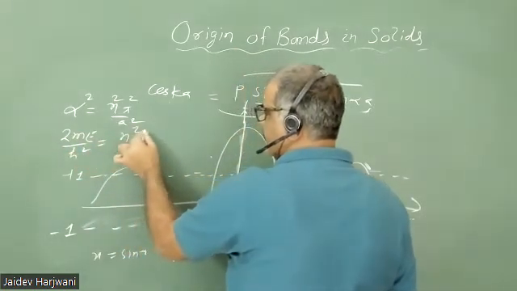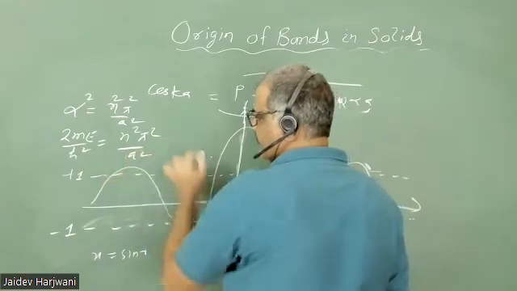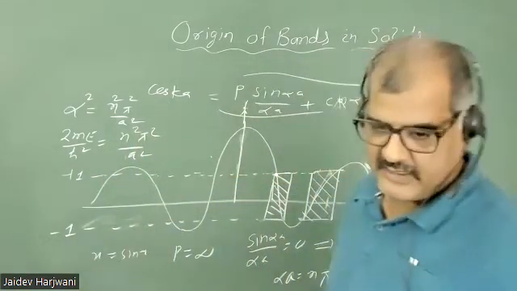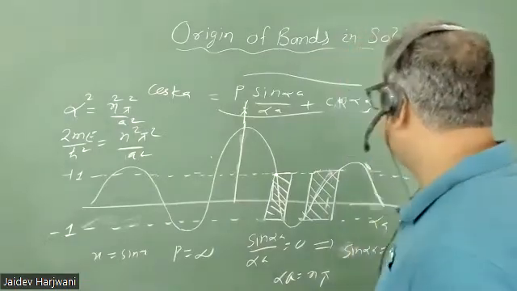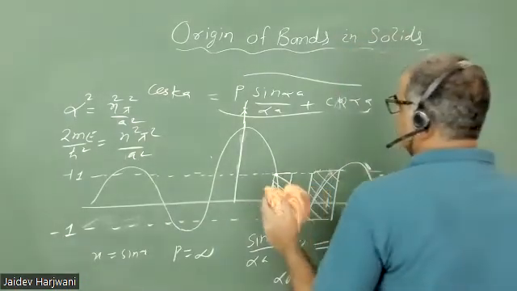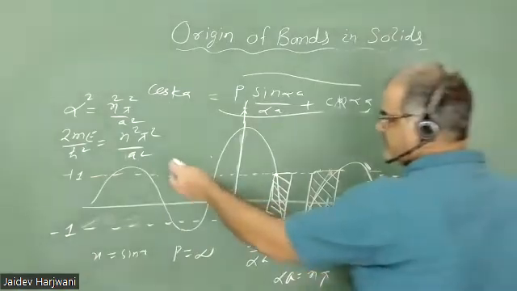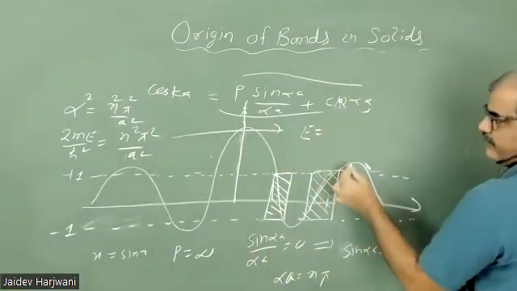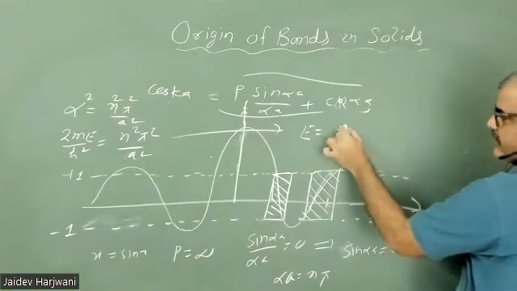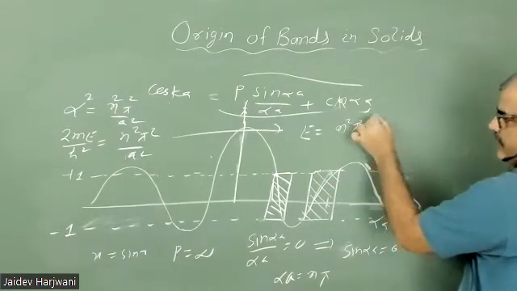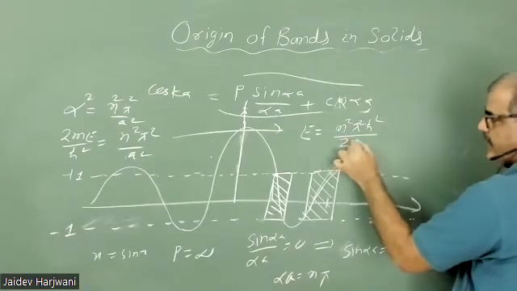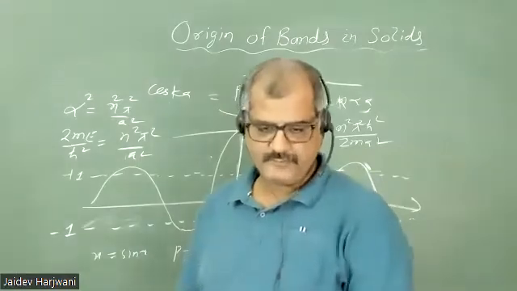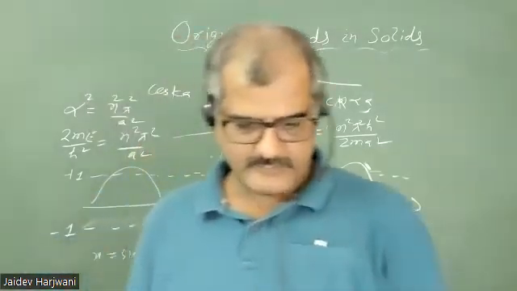So again you get the same energy which we got in the particle in a box. If you solve this, you get E equals n square pi square h cut square upon 2m A square.